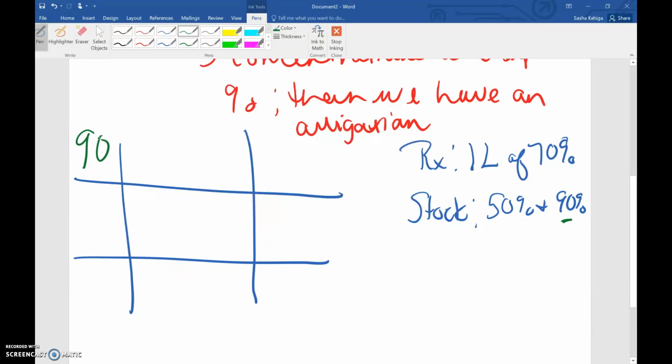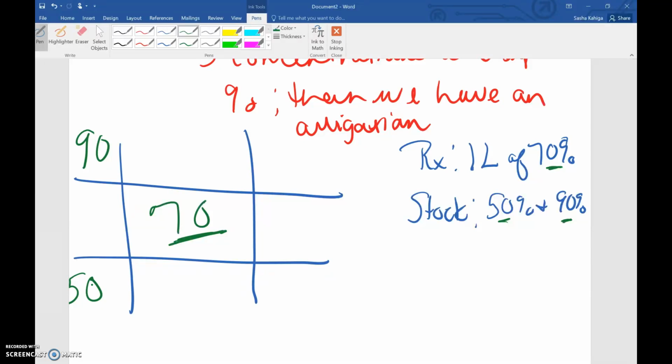My lowest stock percentage goes in the lower left-hand corner. And my desired percentage goes in the middle. So before I move on, you are to ask yourself, does 70% fall in between 50 and 90? It does, because if I count from 50 to 90, I'm going to come across 70.